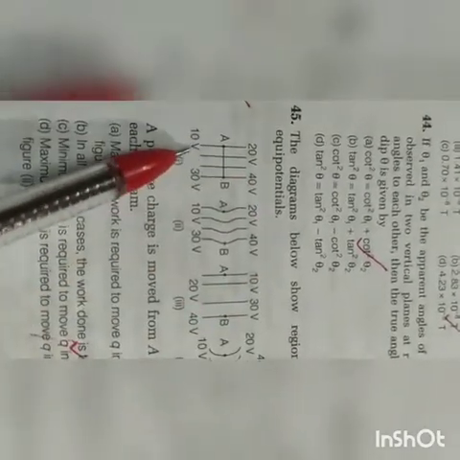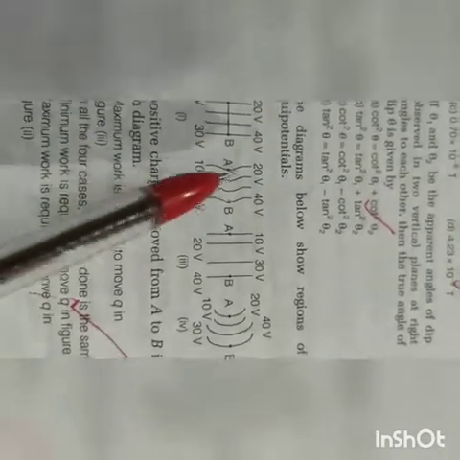We know that work done is equal to Q delta V. It depends on the charge and the voltage. Here we can see the voltages are the same: 10, 20, 30, 40, in each case. So all are the same. So we have done the physics section of solved paper 2070.